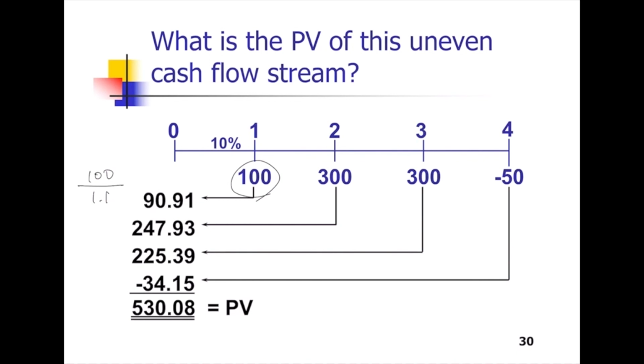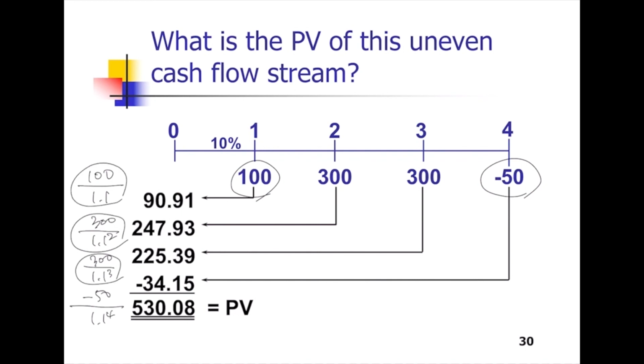And the cash flow in T2 is discounted 2 times, right? And the cash flow at T3 is discounted 3 times. And the cash flow at T4 is a negative number, but you can discount it, right? And sum these numbers; that is the present value.